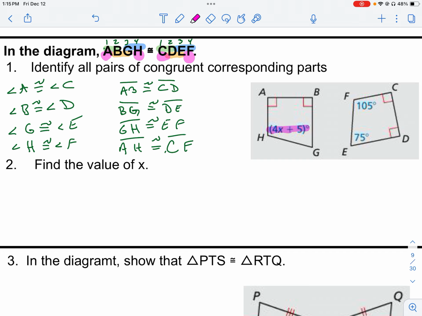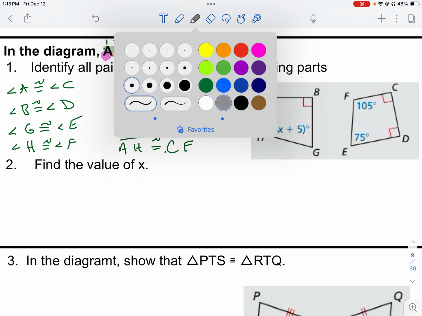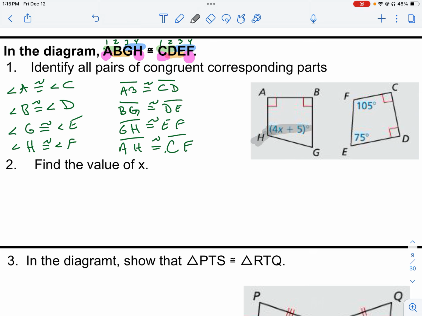Now let's find the value of x. We have 4x plus 5 degrees. So we know this is h. And let me pick yet another color to highlight what goes together. We'll do gray. Not the best color, and we got h here, which is angle 4, so it's going to match up with f. So f is here, 105.